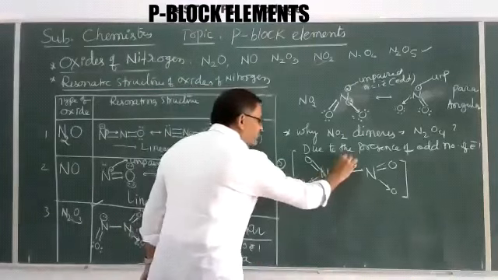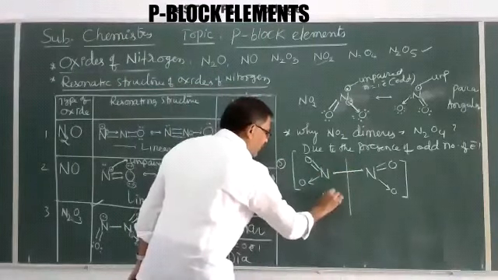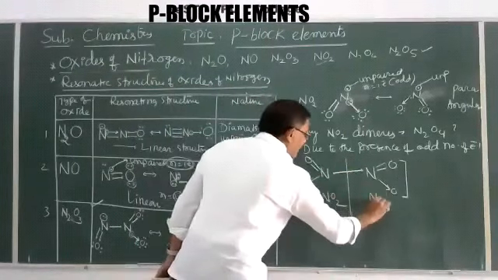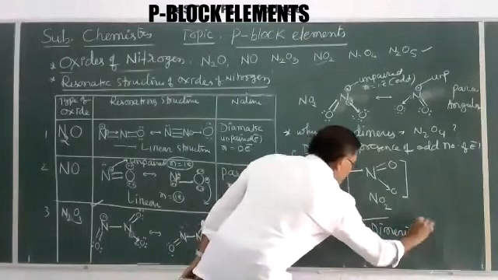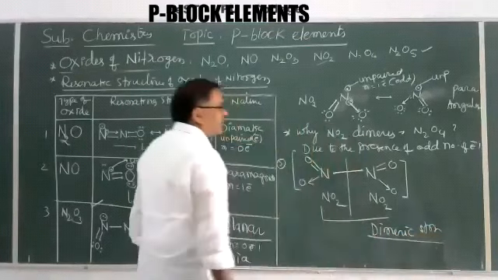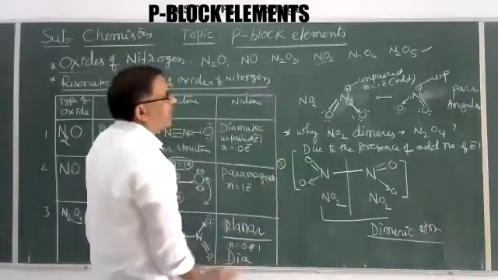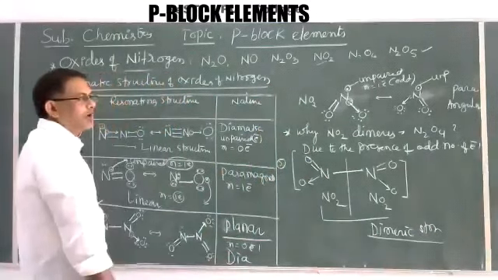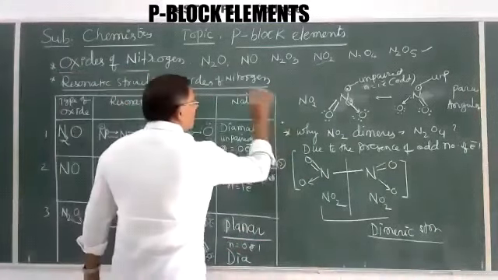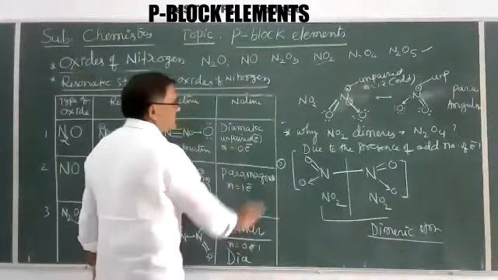So dimeric means 2 molecules are there. This is the NO2 molecule and this is the NO2 molecule. It is the dimeric structure. So the dimeric structure of NO2 means N2O4, that is due to the presence of an odd number of electrons, 2 marks, a very important question it is. Okay.